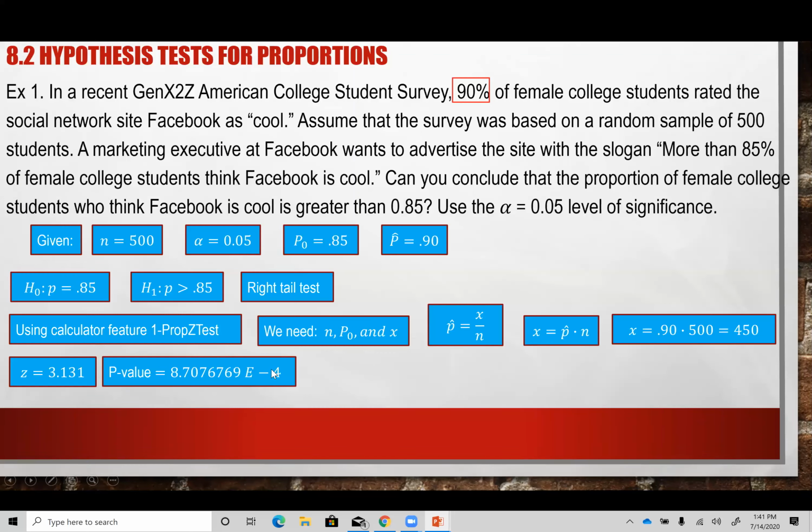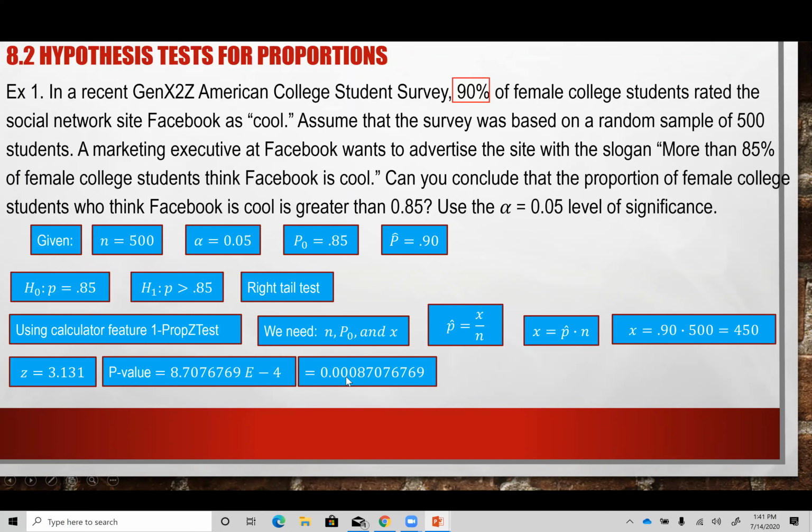Because of the e to the negative 4, we have to move the decimal 3 or 4 places to the left, which means your p-value is actually 0.0008707, right? So this is the actual p-value.